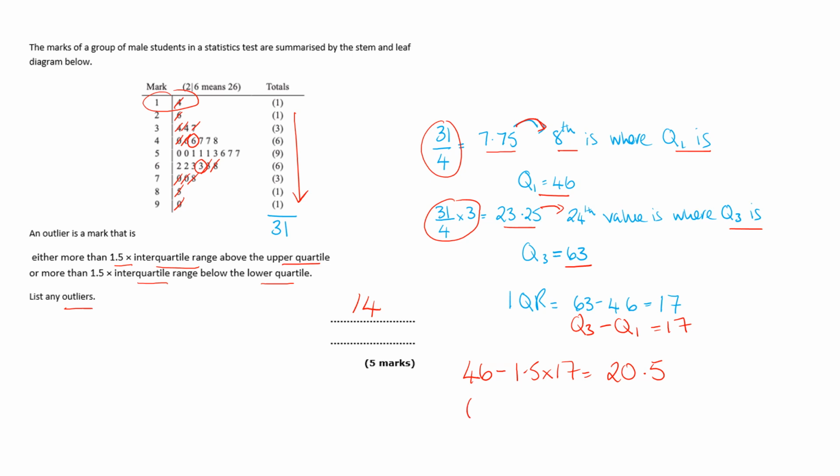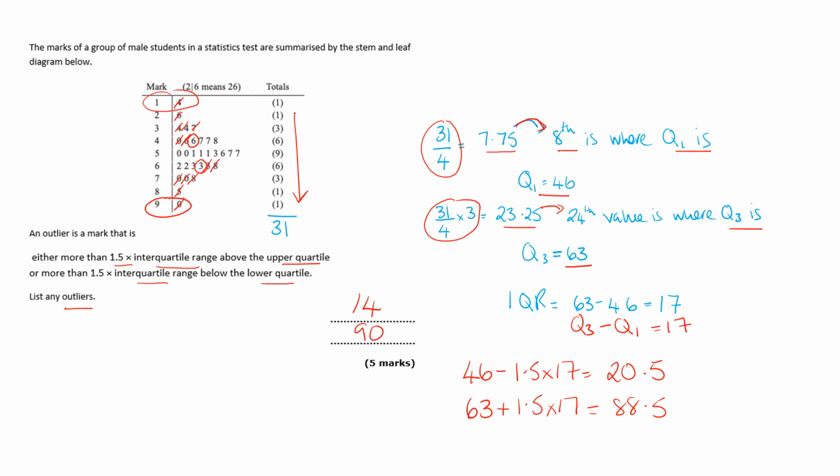Then if we take the upper quartile and go 1.5 times the interquartile range above it, that will get us to 88.5. And so we can see at the upper end we've got another outlier, which is going to be 90.